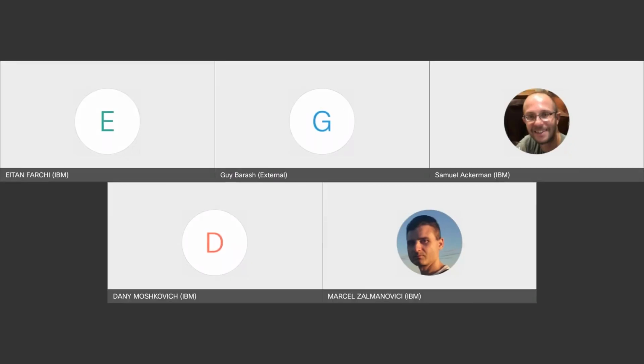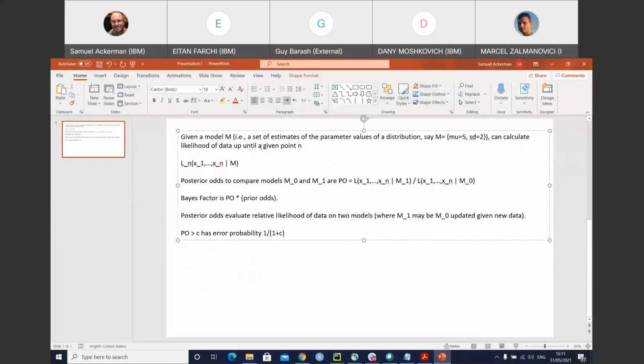So here's the basic concept of a Bayes factor or posterior odds. As we heard, there's a way to update the parameters.